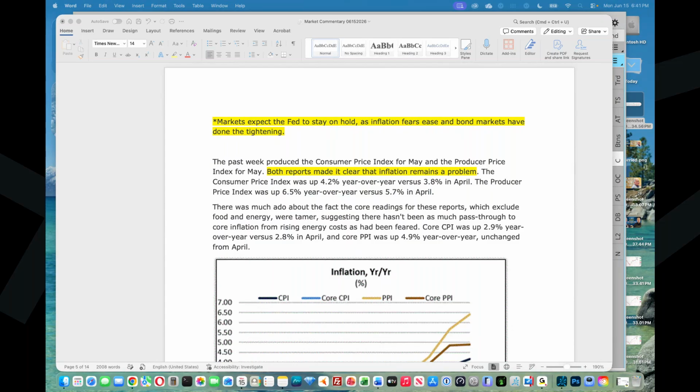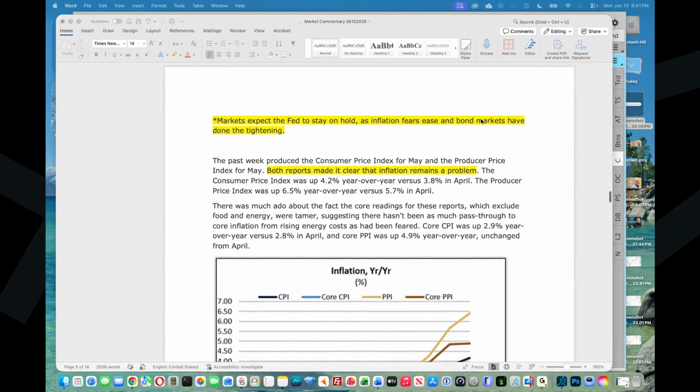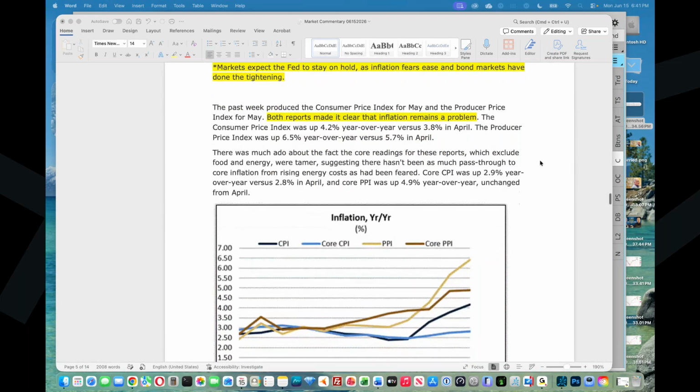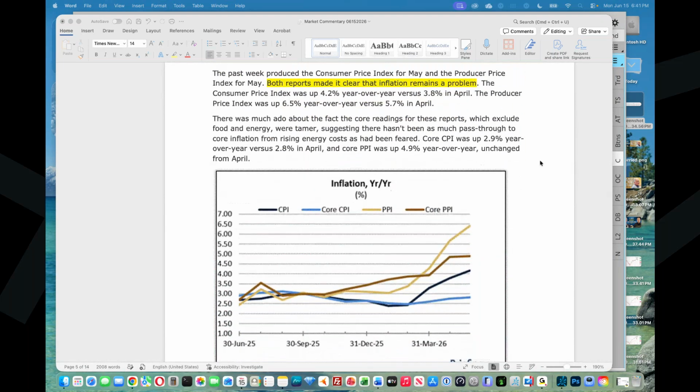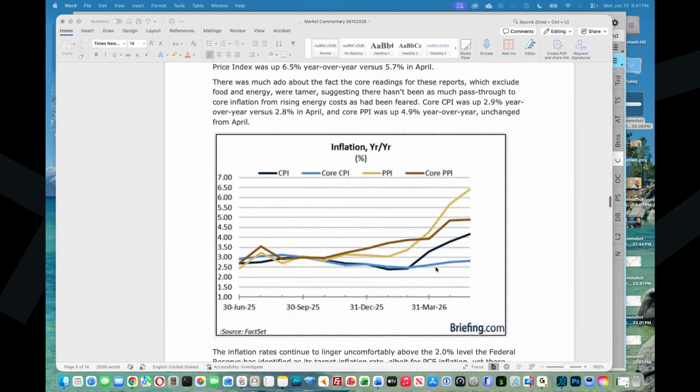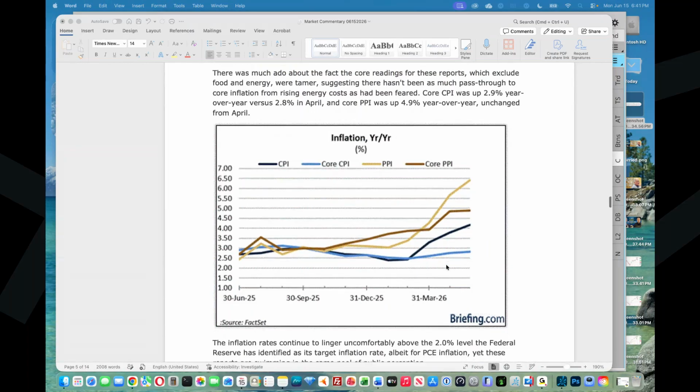No, I don't think he can, because he's the chair of the board, but he's not the decision maker, right? Their decisions are made on consensus, and so I don't think he's going to be able to do that. But there are some people that are arguing, if you look at this core inflation right down here on this graph, the core is the blue line.